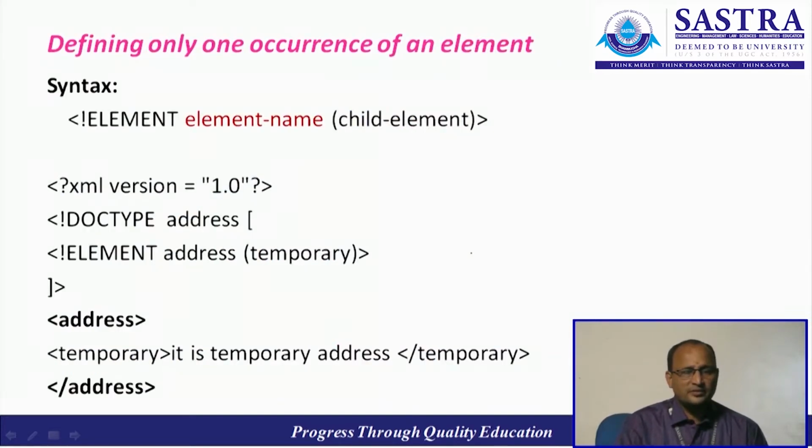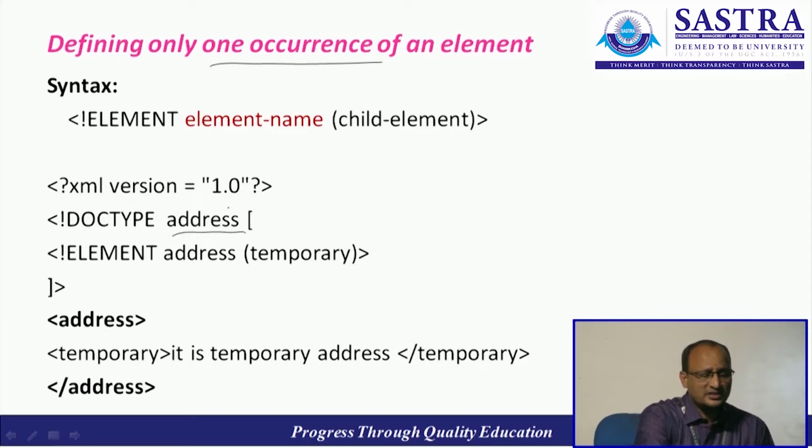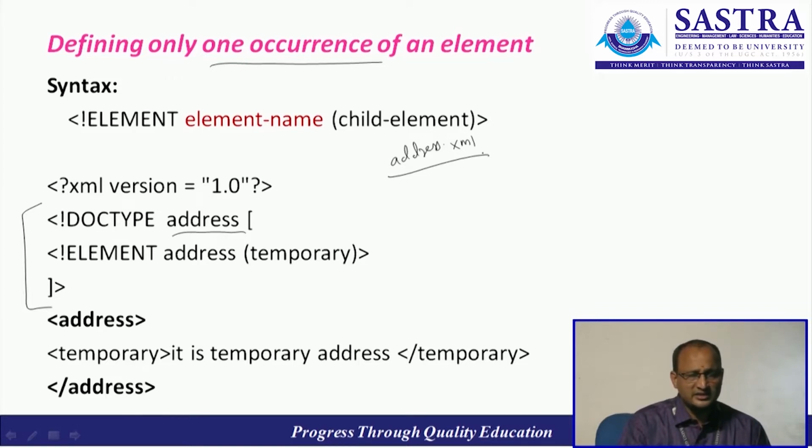Coming to defining only one occurrence of an element. Here, address I have given. What is this? This is an internal DTD. I have written it within the XML document. Maybe the XML document is saved as address.xml, and it is not necessary to store the DTD separately.